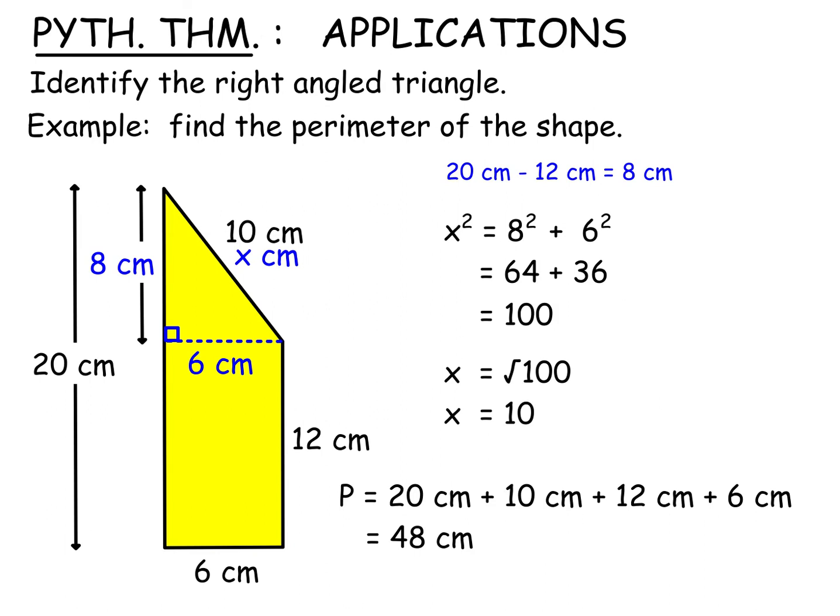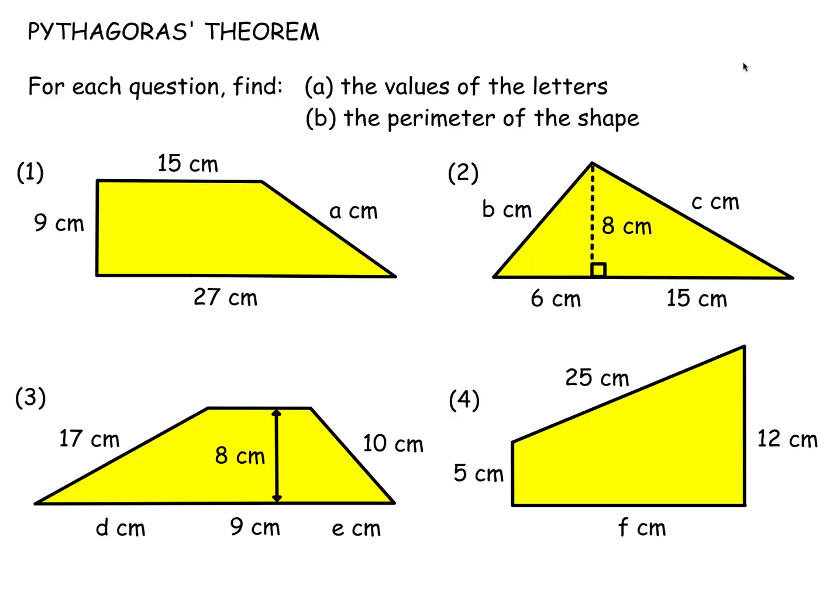There's a worksheet which you can download from the link in the description, or you can freeze the video. You have to calculate the missing edge A here, and therefore add up the outside edges to calculate the perimeter.